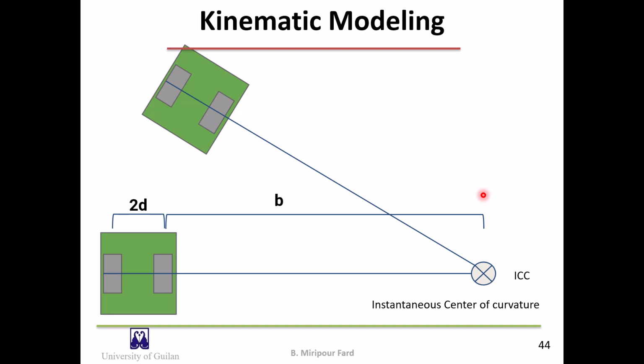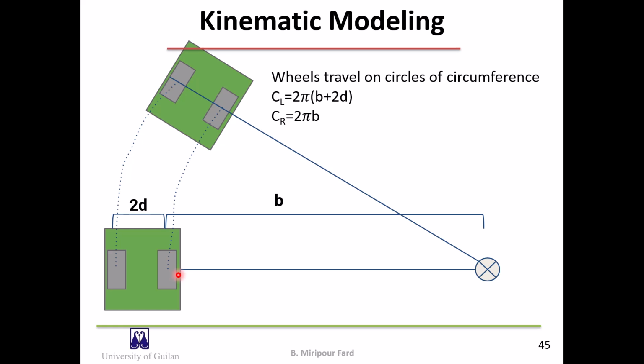As seen previously, we can obtain the ICC based on two different poses of the robot. Here, B represents the distance of the center of the right wheel from the ICC, and as before, the length of the axle is equal to 2D. Suppose diff drive moves in a short time, we can assume that the wheels go in circles.